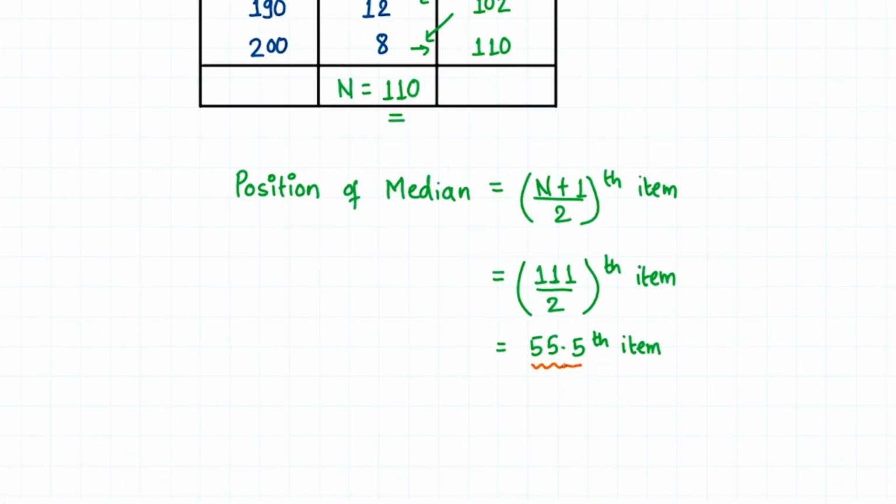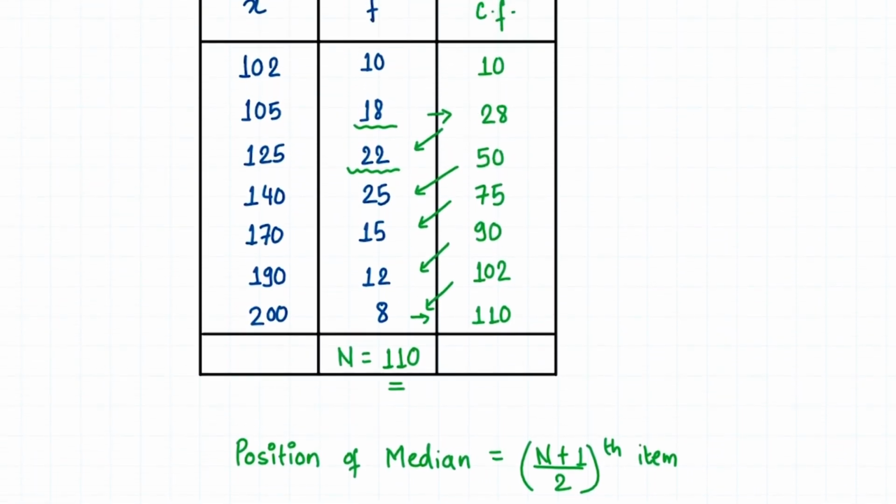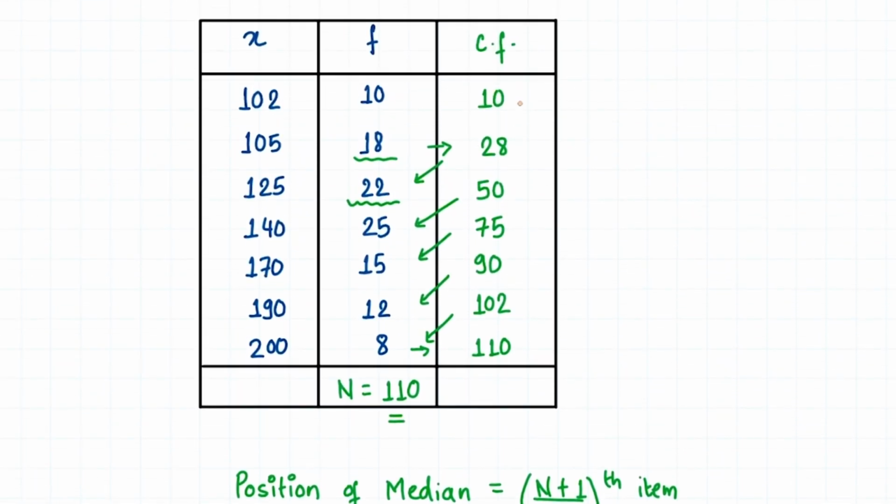Now, how do we find the actual median? We find the actual median by looking at our cumulative frequency, okay? That's why we made this table. So our position of median was 55.5. What we are going to do is we are going to look at this table of cumulative frequency, and we are going to look where this 55.5 lies, okay?